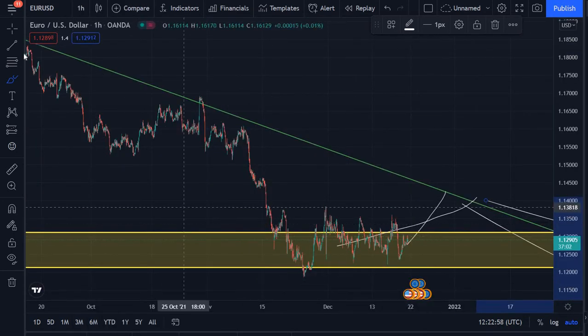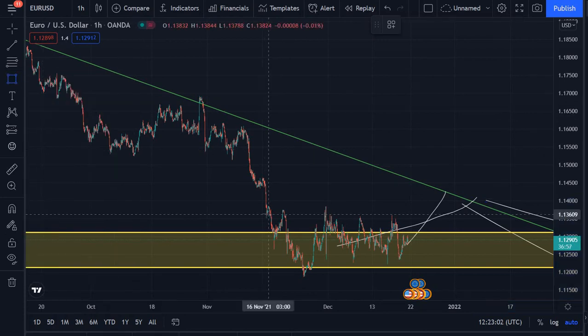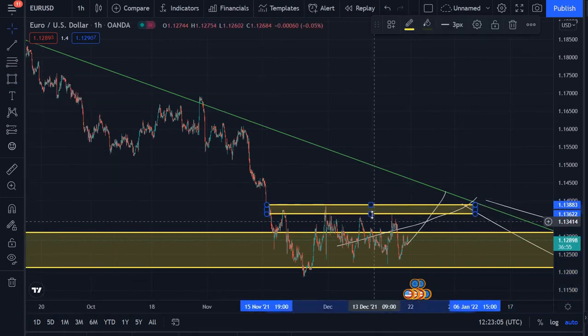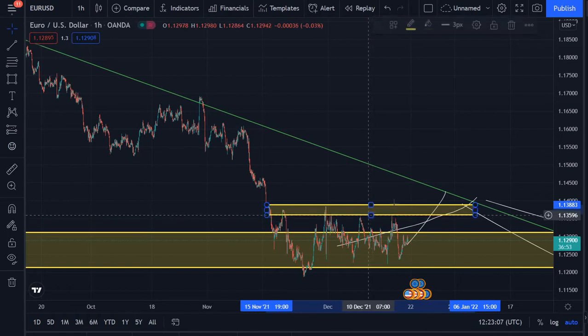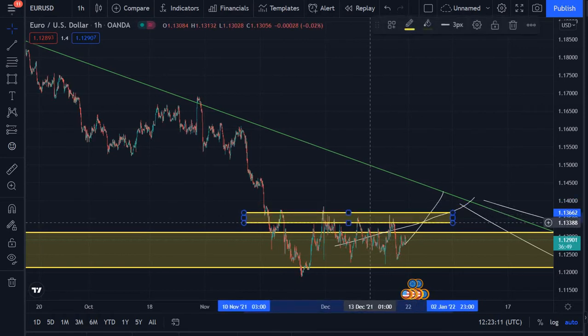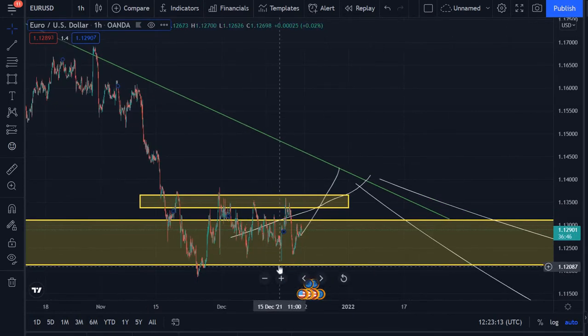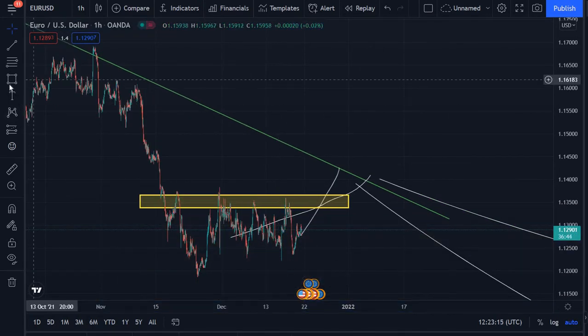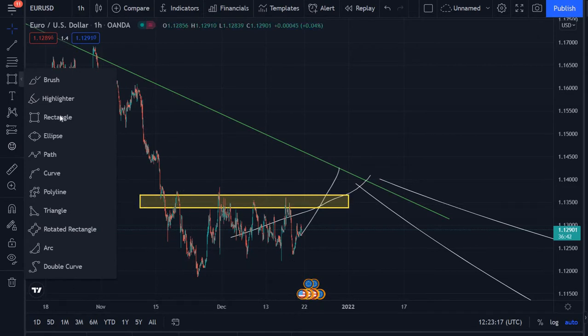1-hour chart again, somewhere in between there and between here and here.